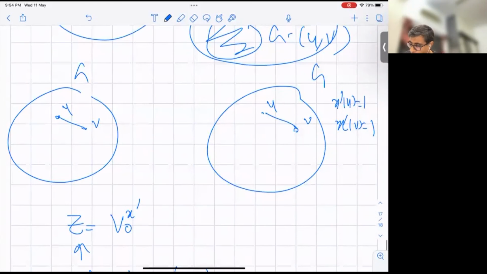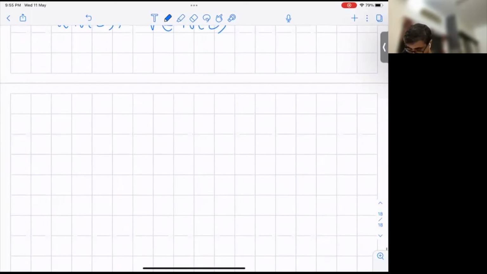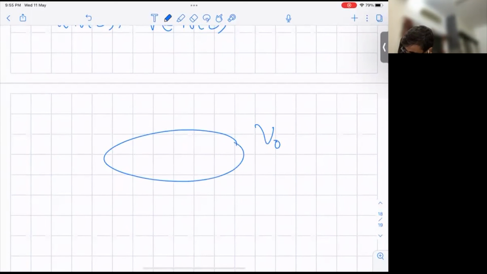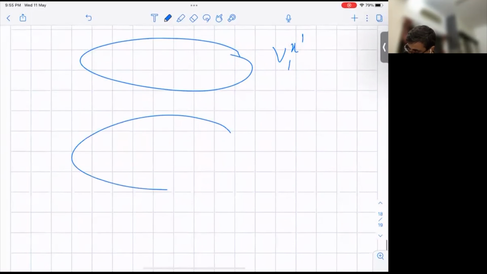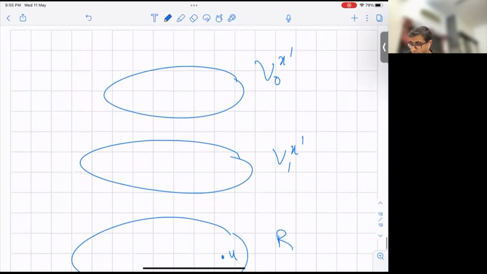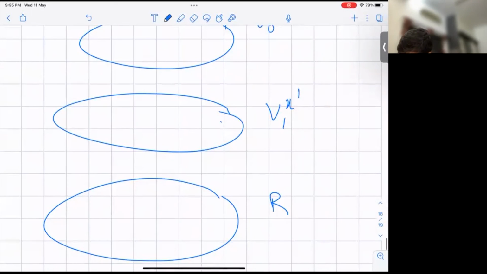Right? So in this graph, if U is not in the neighborhood of Z, what happens then? Let's say this is V0 of X prime, this is V1 of X prime, and this is the rest. Suppose U belongs here by definition.